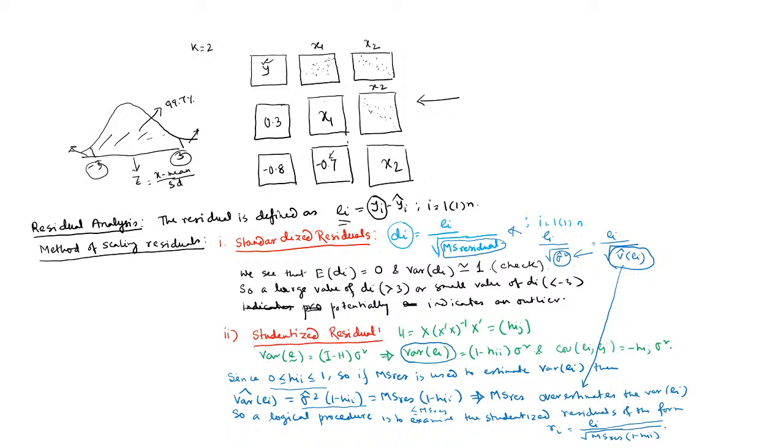And we see that the expectation of r_i equals 0 and the variance of r_i equals 1. So please tell me, have you any doubt?